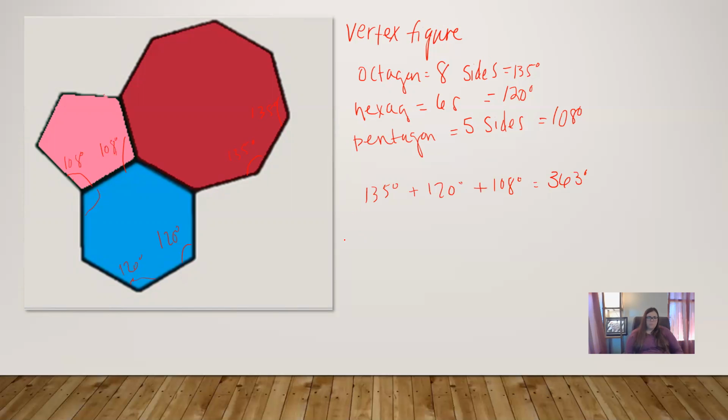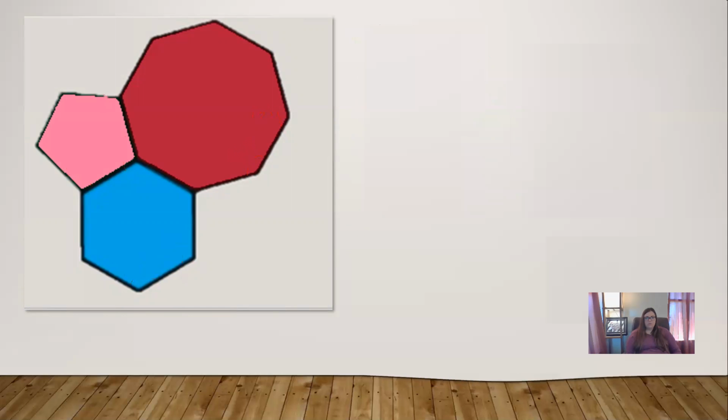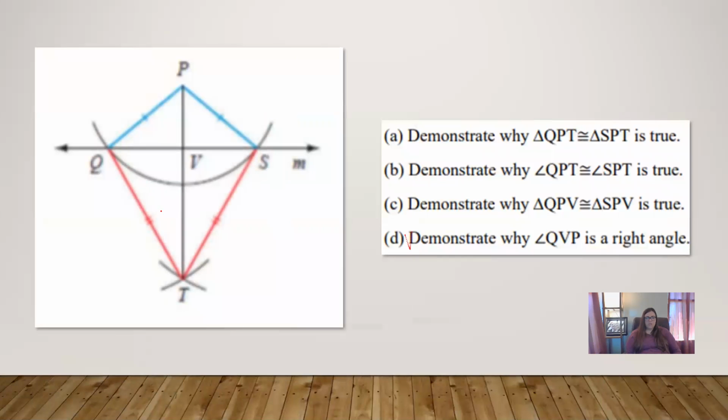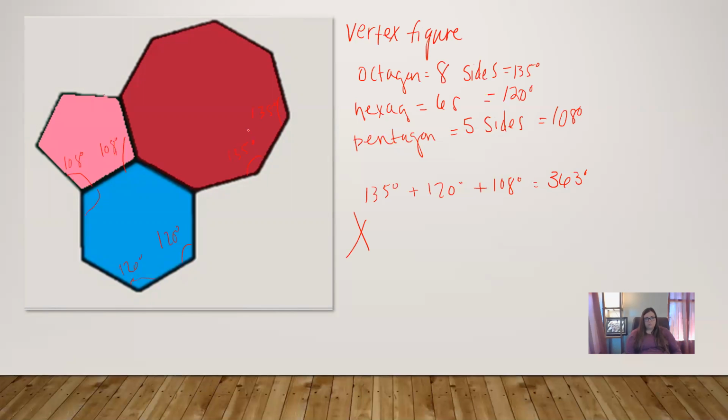So, you'll have to find a different shape if you were to find a vertex figure. But this is not a vertex figure. Your vertex figures have to equal 360 degrees exactly. No less, no more.